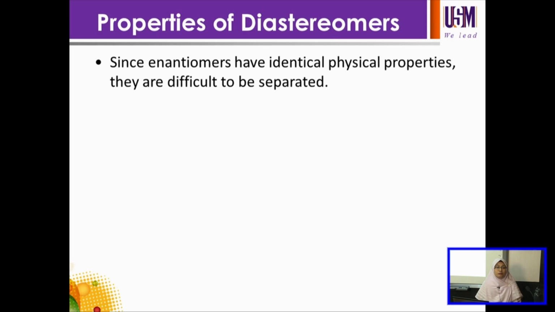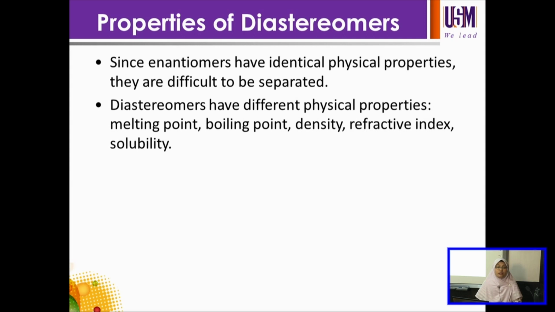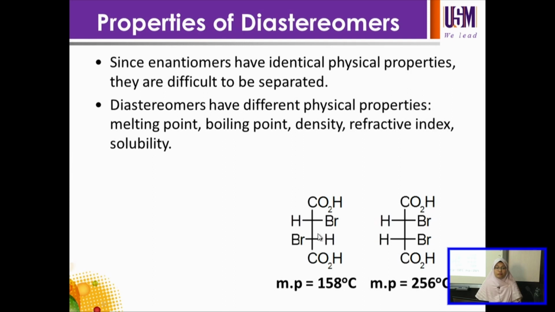The difference between the properties of diastereomers. Since enantiomers have identical physical properties, they are difficult to separate. Diastereomers, on the other hand, have different physical properties. They have different melting point, different boiling point, different density, refractive index, and solubility. So, for example, here we have this compound, a carboxylic acid.